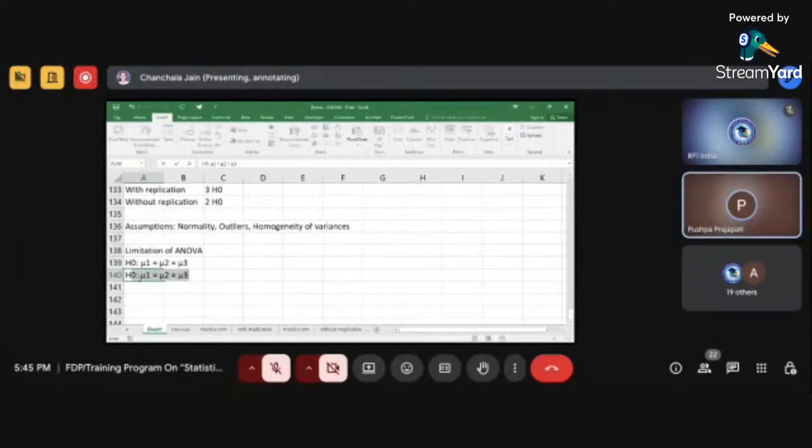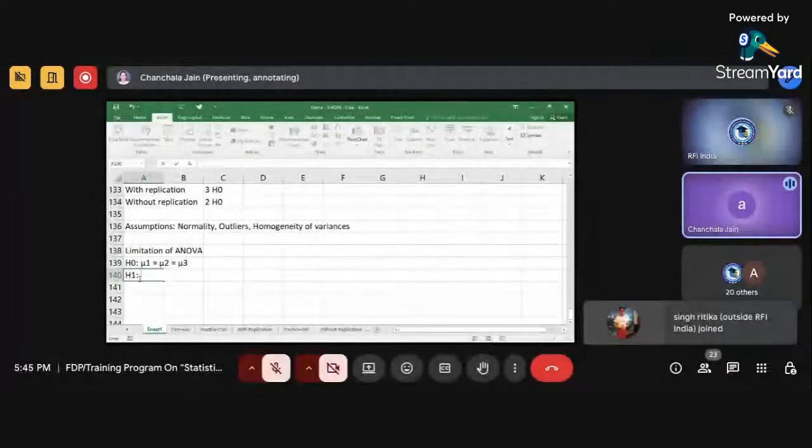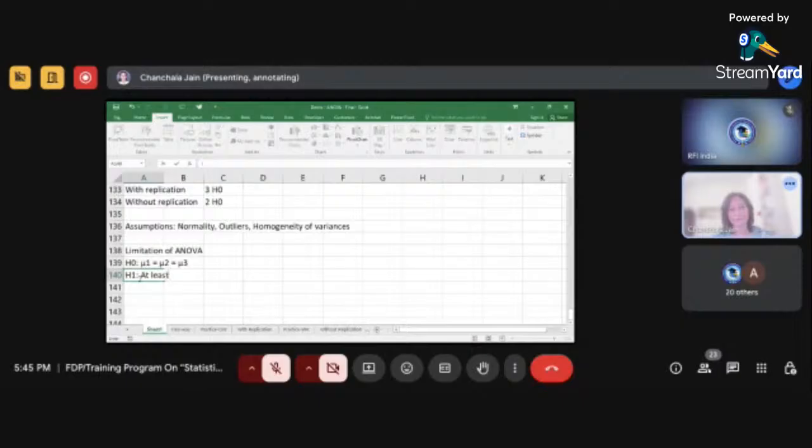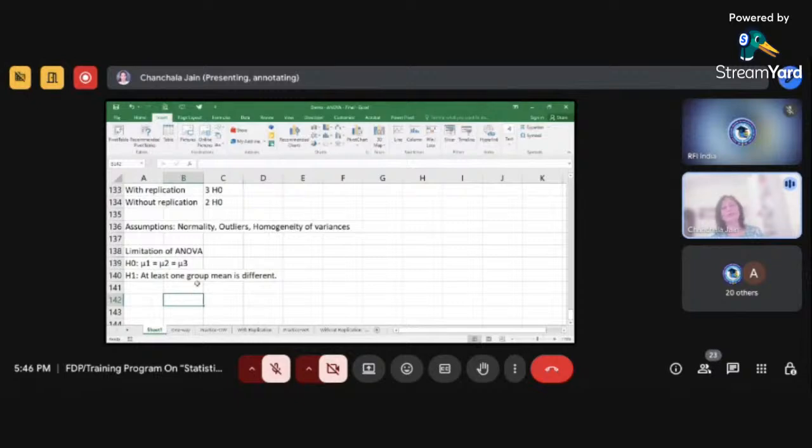But when I talk about H1, that is the alternative hypothesis, in this way generally we are saying at least one group mean is different, at least one pair.